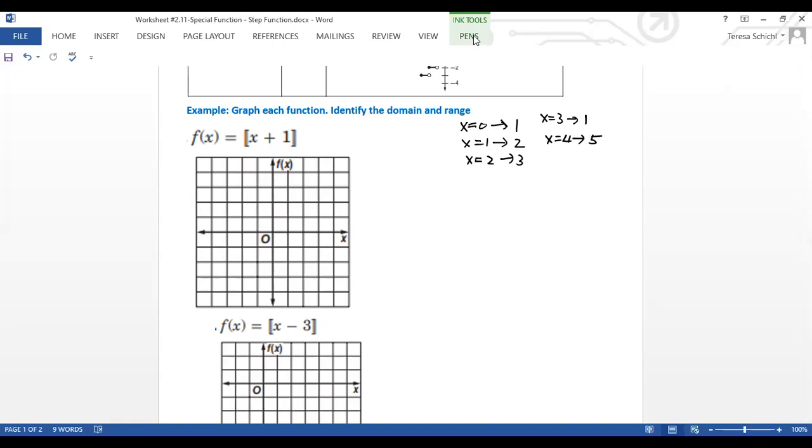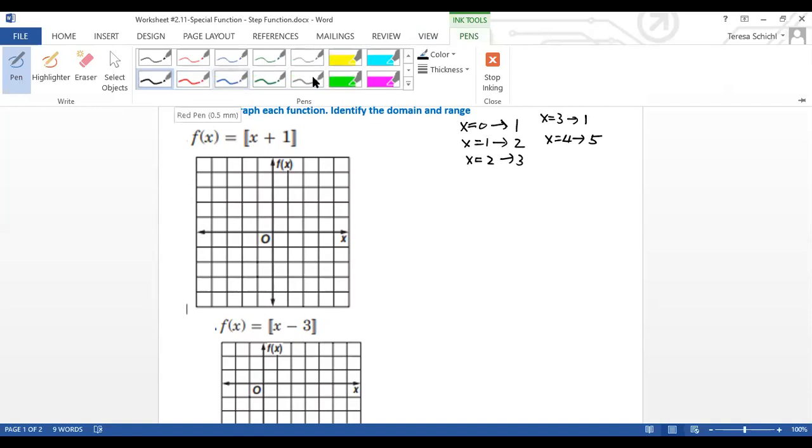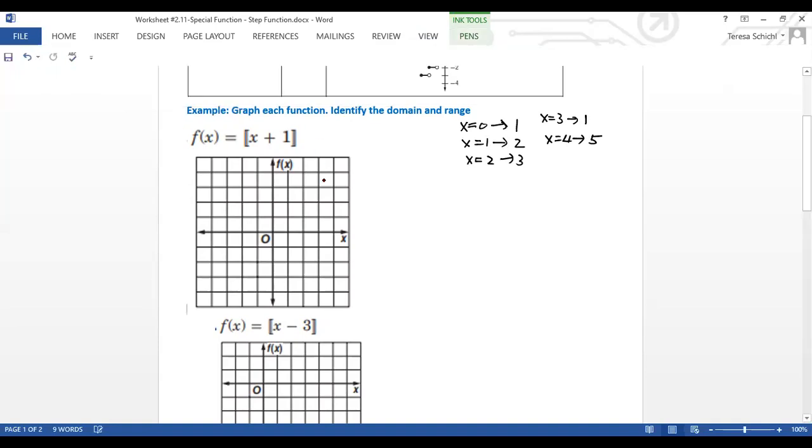Okay, so let's plot the right side. Let me use the red. When x equals 0, I have 1 here, so this is a solid point, and I know it's going to jump here. x equals 1 is 2, so this is a solid point. Another jump: x equals 2 is 3. x equals 3 is 4, then 4 is 5.